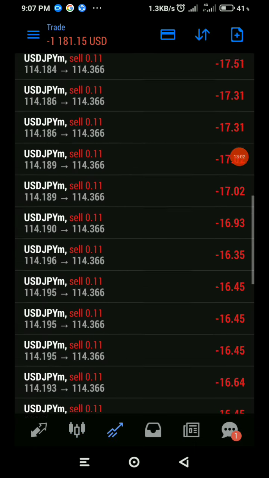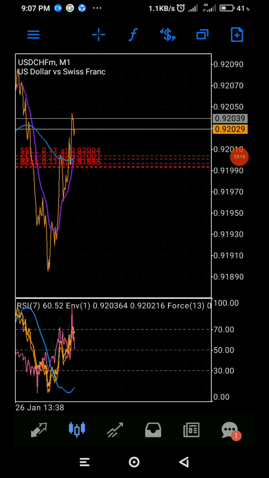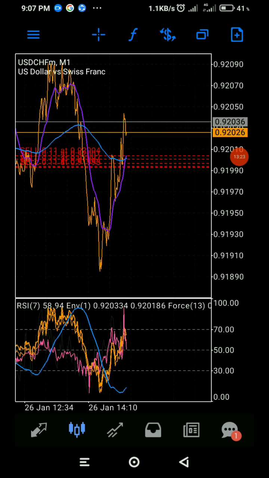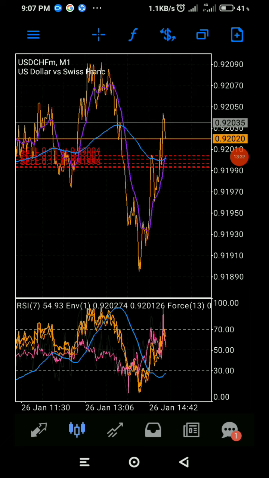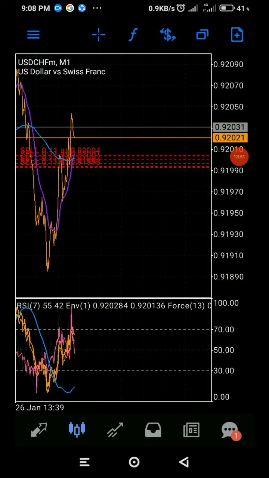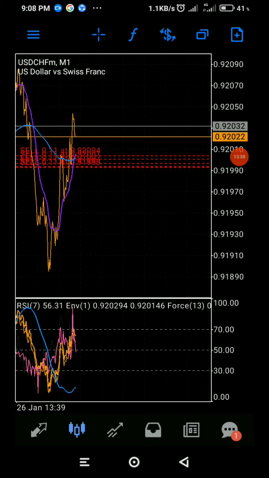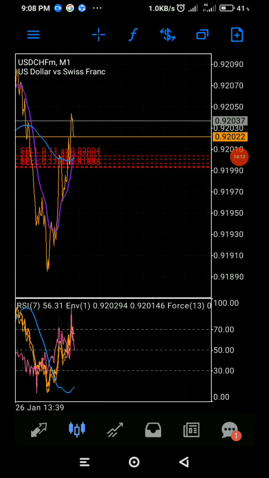So all the profit booked, and now those pairs are in floating loss. As you see, USD Swiss franc is still not in profit. Price is hitting upward after we took sell entries, price came some down, but now it's going upward, so we're just holding the trade.